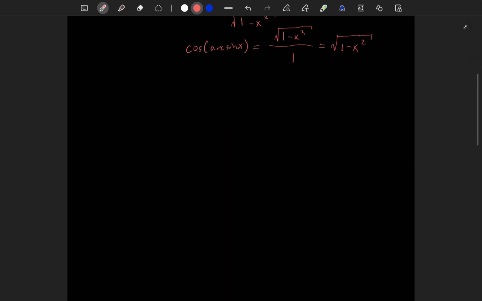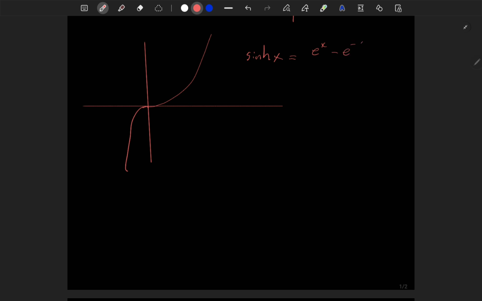Okay, let's start with a nice invertible function, sinh of x, which is e to the x minus e to the negative x, all over 2. Say we're curious about the derivative of the inverse sinh function.